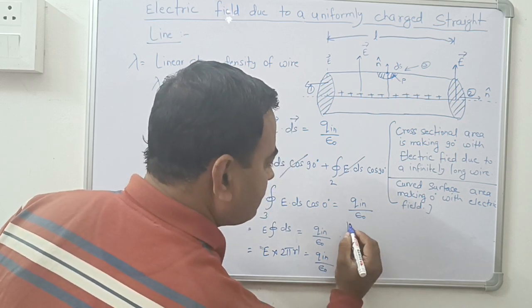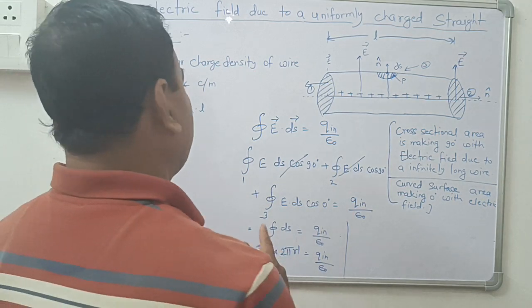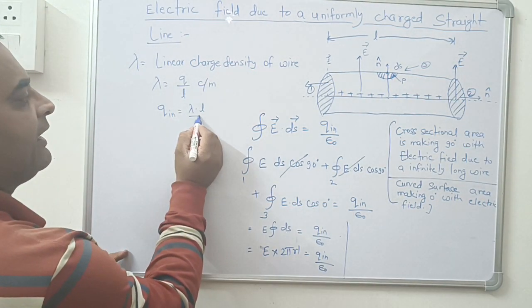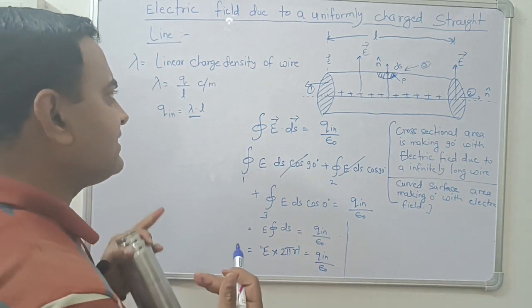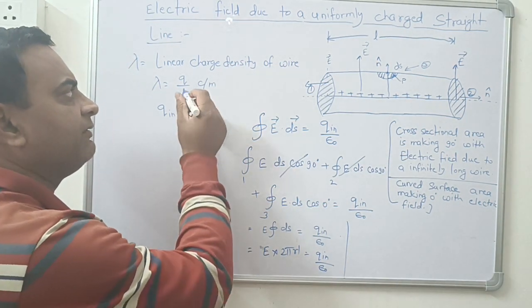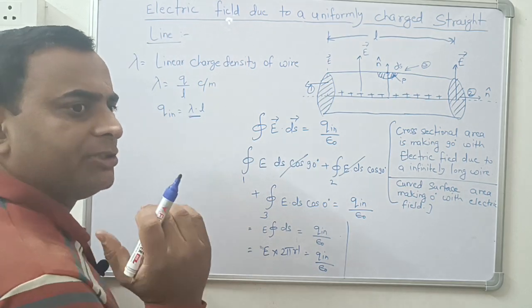Now, you already know what lambda is. Lambda is the linear charge density, the charge per unit length.